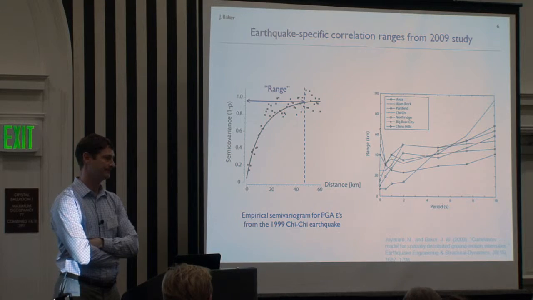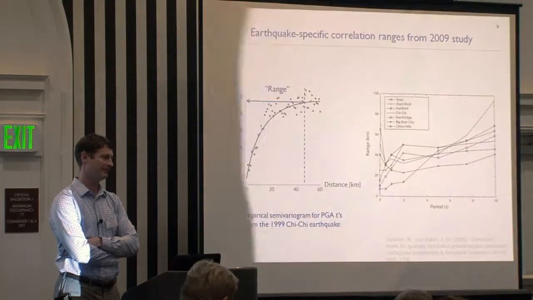Brian, you had a question? Yeah. In NGA-West2, when we calculate phi, we assume all the residuals are spatially uncorrelated. Now you're showing that there is spatial correlation.